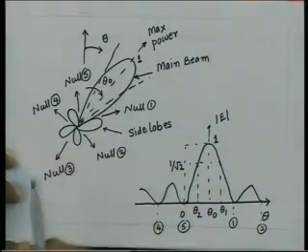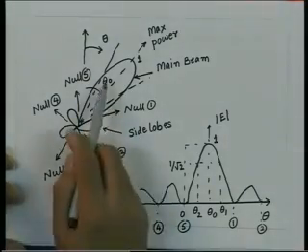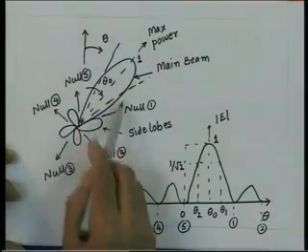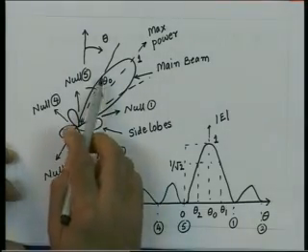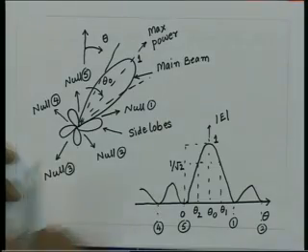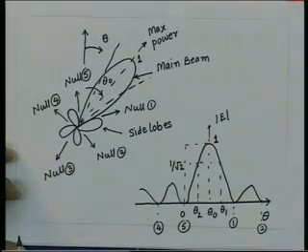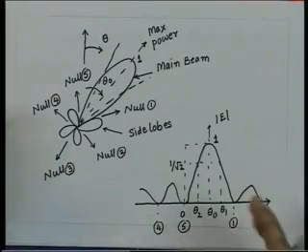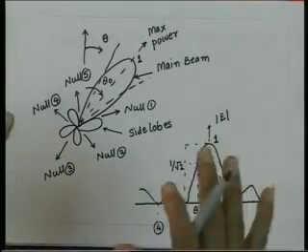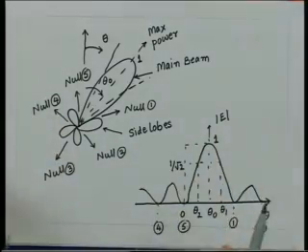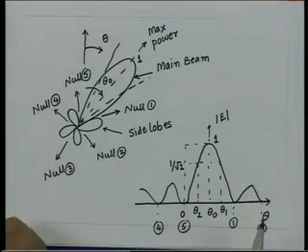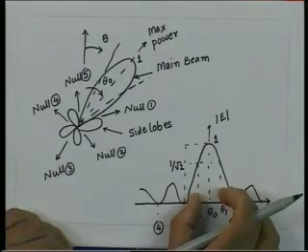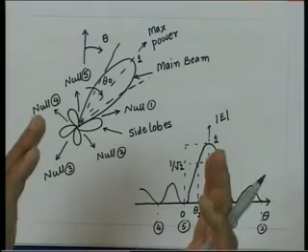These points we call the 3 dB points on the radiation pattern, because at these points the radiation or the power density would drop to 50% of its maximum value. So, if 50% variation of the power density is acceptable, we can say that is effectively the angular sector over which your antenna beam is illuminating the region.